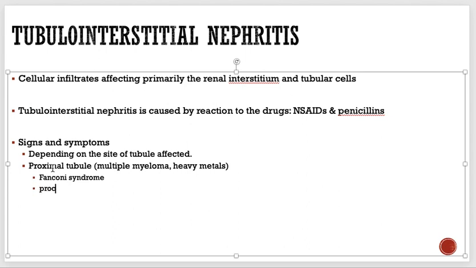Type 2, or proximal renal tubular acidosis.